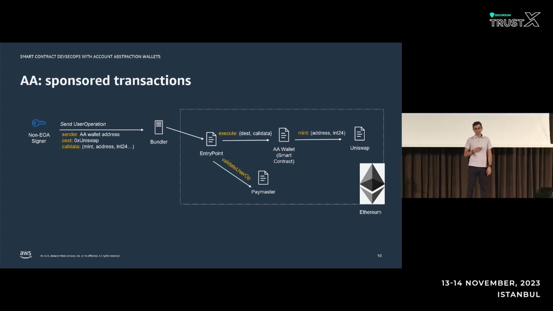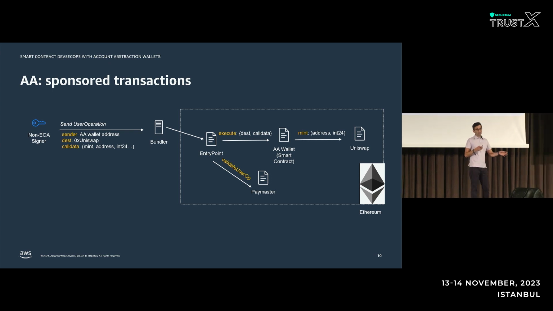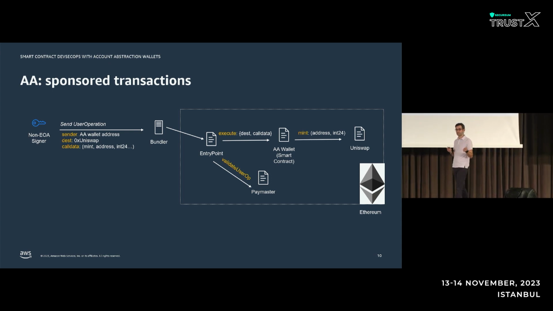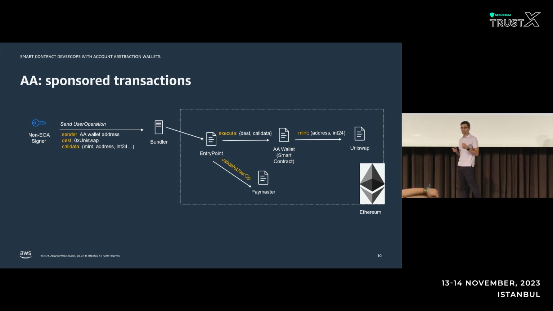So there's another entity on the blockchain known as a paymaster. And off-chain, we've gotten a signature approval from the paymaster that says, yes, I will validate this user's transaction. So at the end of this transaction, the entry point will actually get paid by the paymaster. And this is how sponsored transactions get paid.